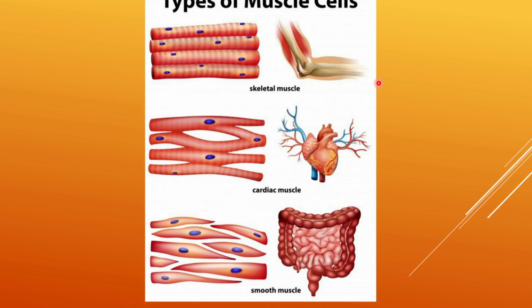We also have cardiac muscle. This looks similar to skeletal muscle in that it is stripy in appearance, but it is solely found in the heart, and it's highly specialised. And then we have smooth muscle. Smooth muscle is completely different to both cardiac and skeletal muscle. It isn't striped, for one.